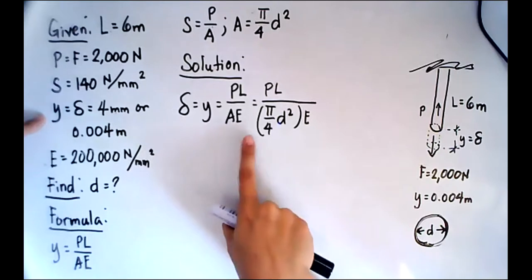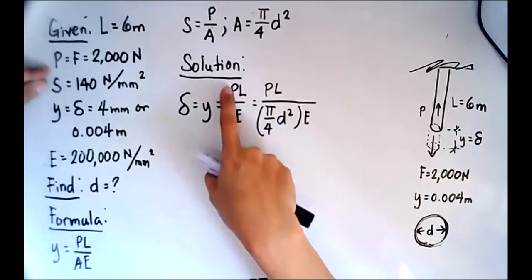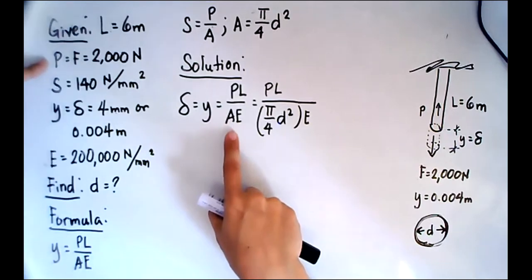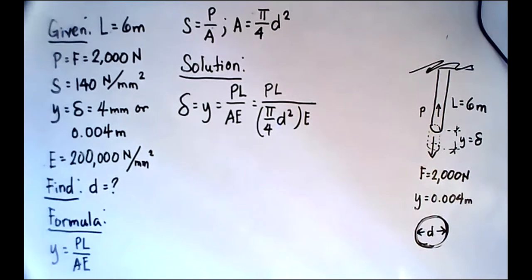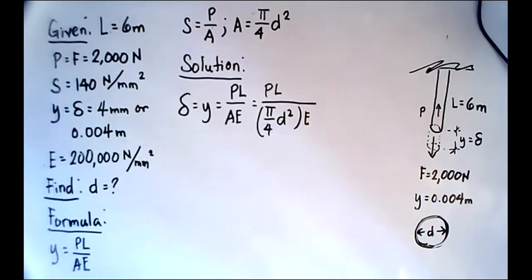So, pwede nyo nang i-substitute directly yon. Or, if you would want, pwede namang gamitin nyo muna is P over A. Hanapin nyo muna yung area. Okay, you are given the stress and you are given the load. You can determine the value for the area. Okay? So, pwedeng ganun yung gawin natin. Or you can directly substitute it here.